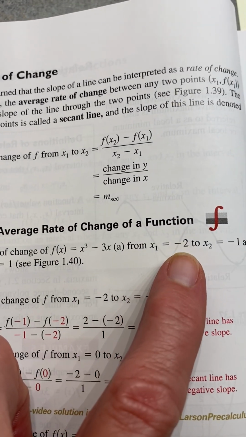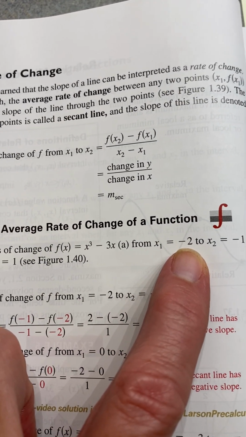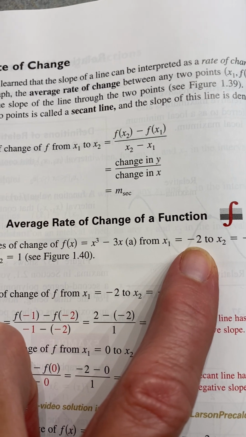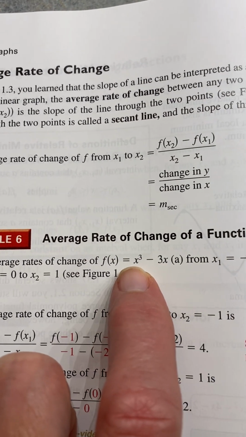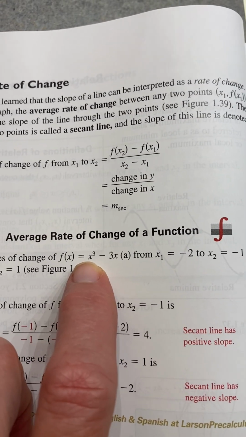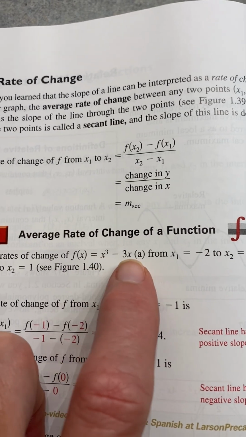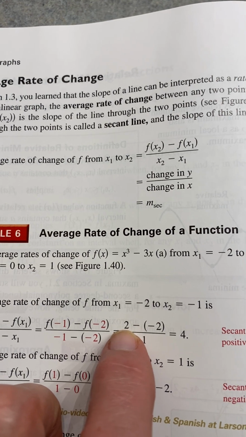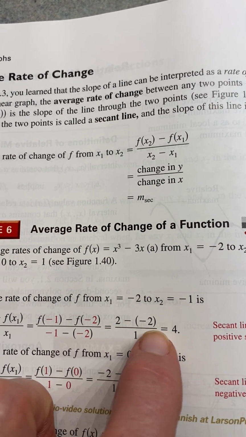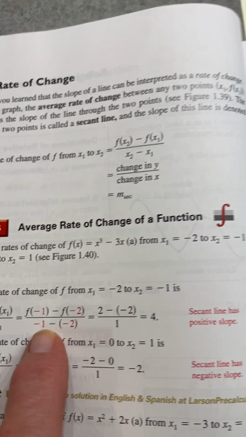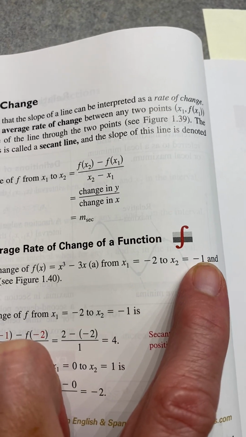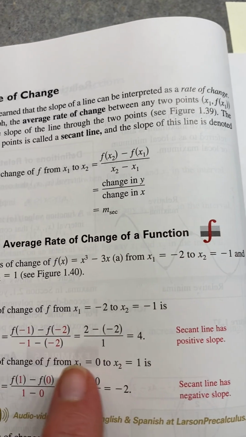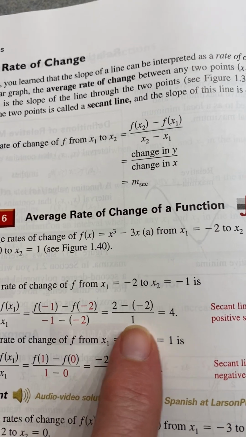The same with y sub 1. Y sub 1 would be when x is negative 2. Negative 2 cubed is negative 8 plus 6, which is negative 2. So y sub 2 minus y sub 1, double negative, 4, all over x sub 2 minus x sub 1, which is 1.